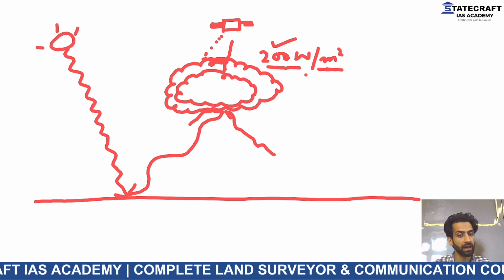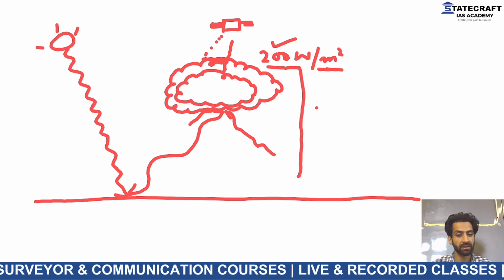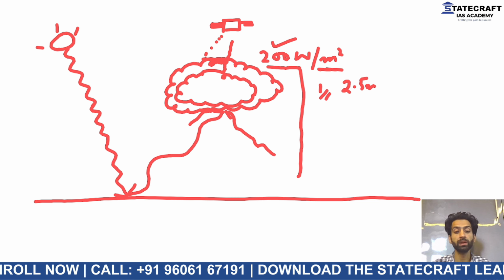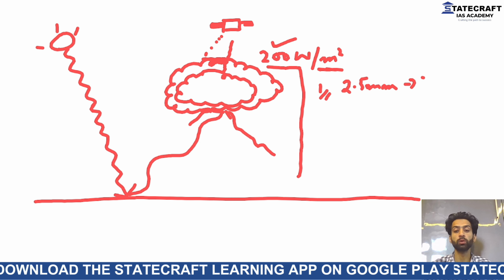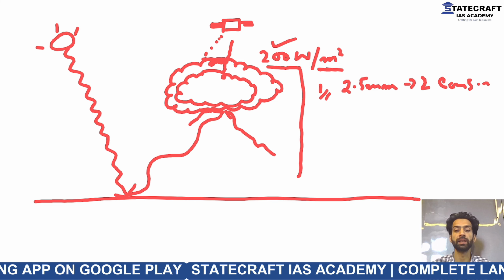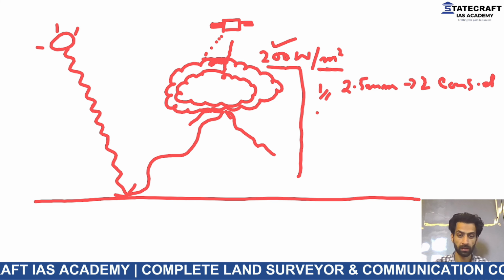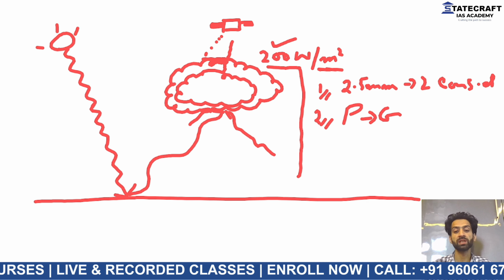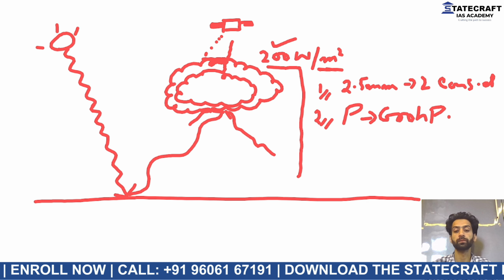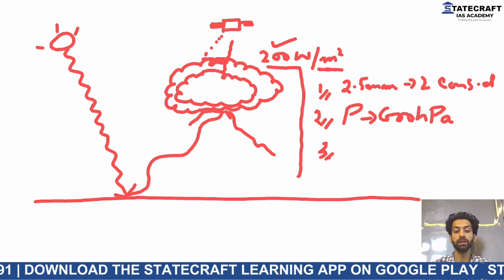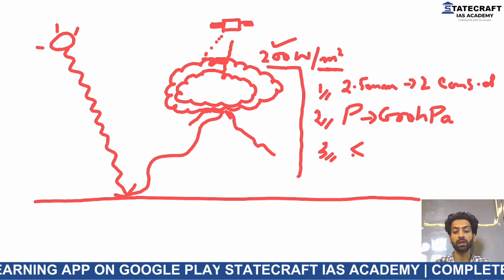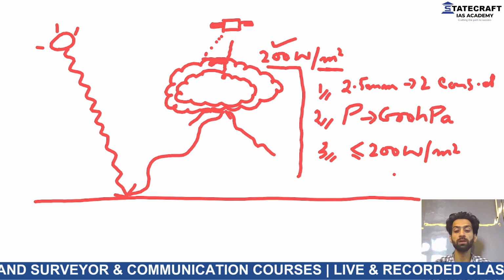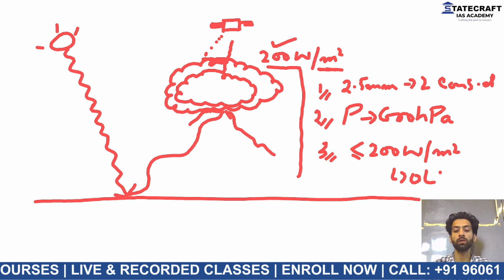Long story short, I'm going to summarize it for you. There are three criteria primarily. Number one, a rainfall of 2.5 millimeters for 2 consecutive days. Number two, there should be persistent wind at 600 HPA. And number three, there should be less than or equal to 200 watts per meter square of outgoing long wave radiation.